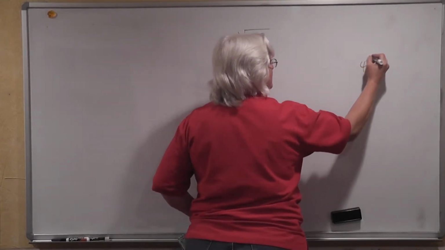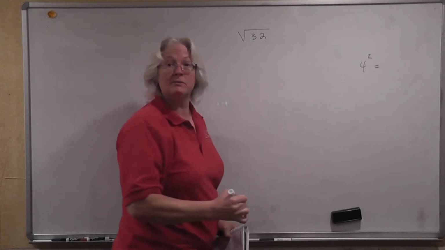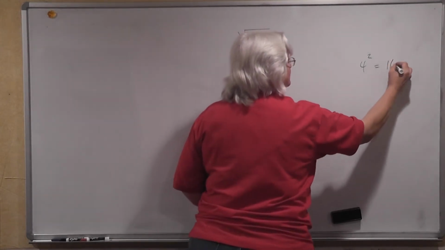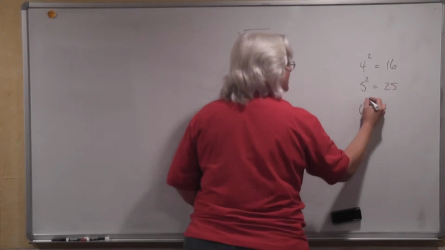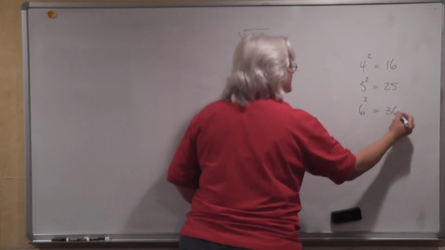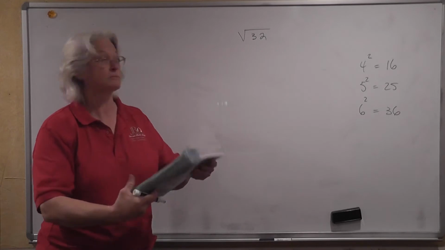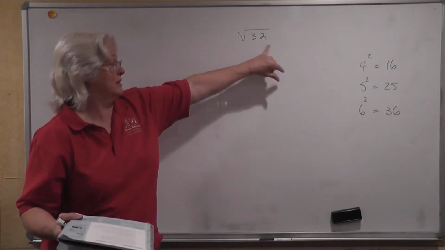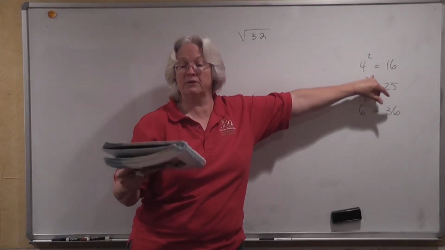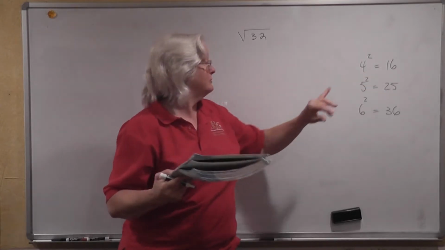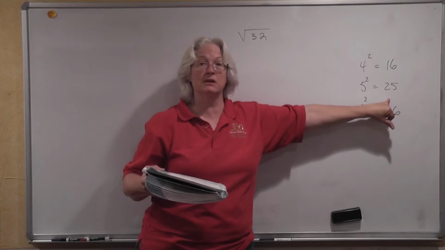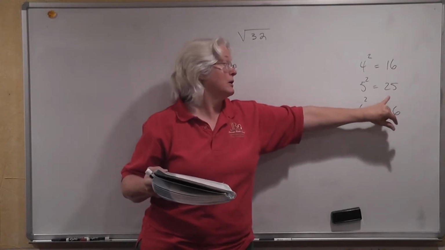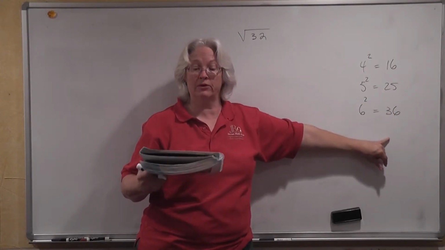What is 4 squared? 4 times 4 is 16. 5 squared is 25. And 6 squared is 36. Aha! Where does 32 fit? Is it between 16 and 25? No. 32 fits in here in between 25 and 36.